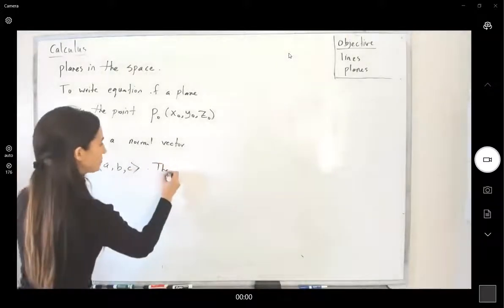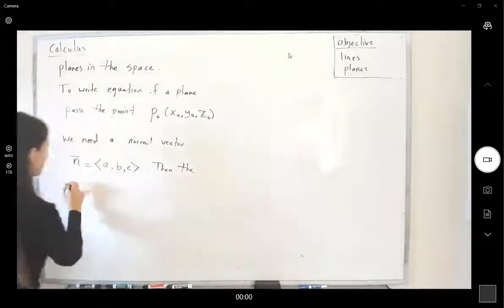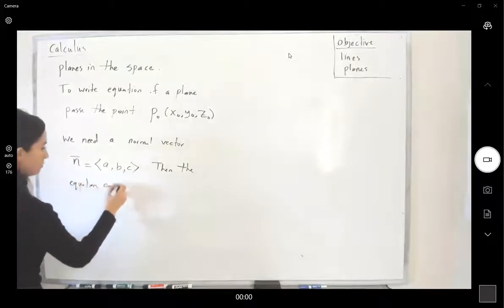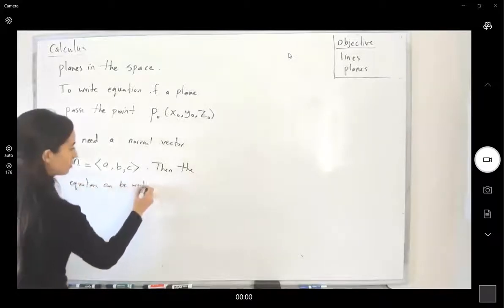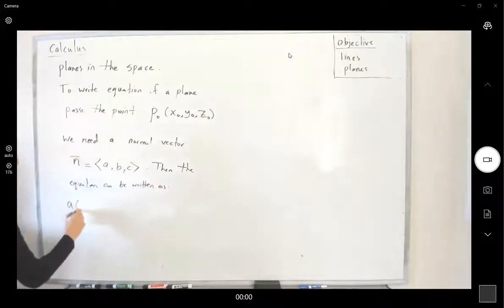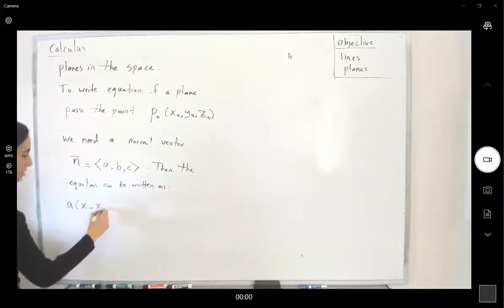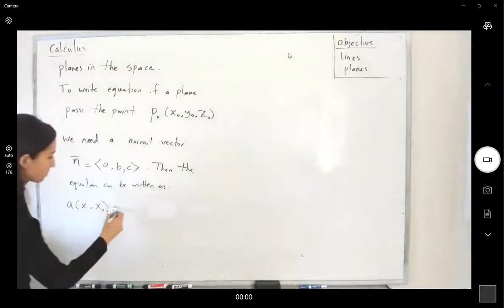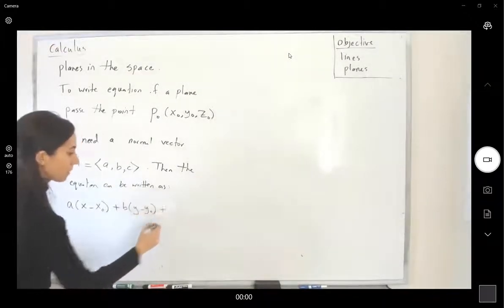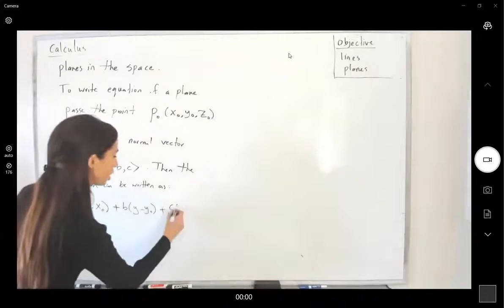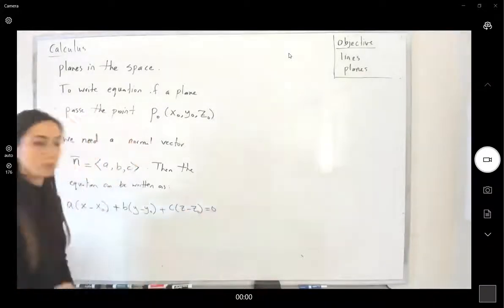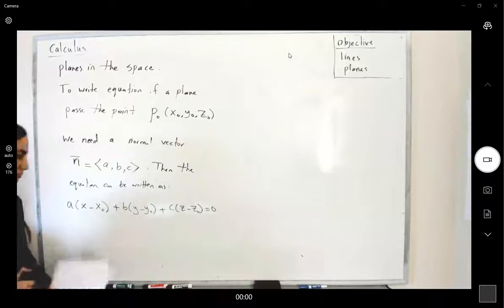Then the equation can be written as a times x minus x sub 0 plus b times y minus y sub 0 plus c times z minus z sub 0 equal to 0.